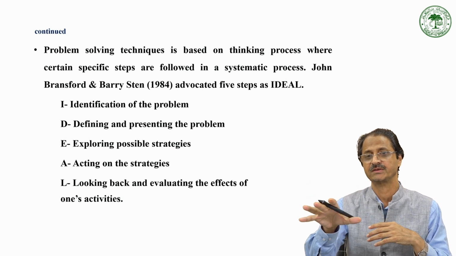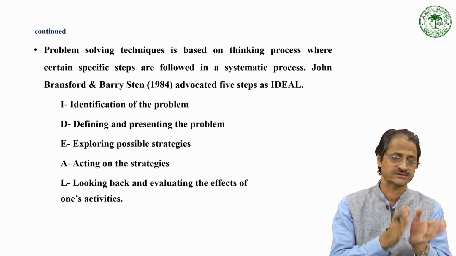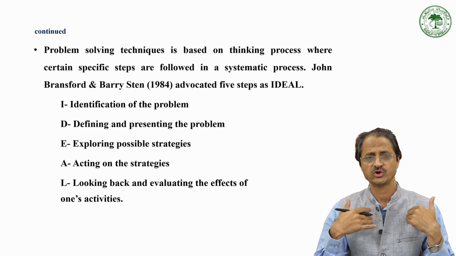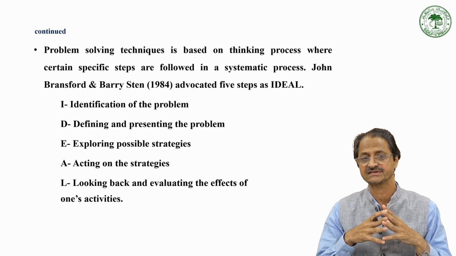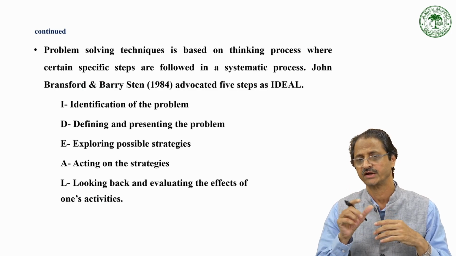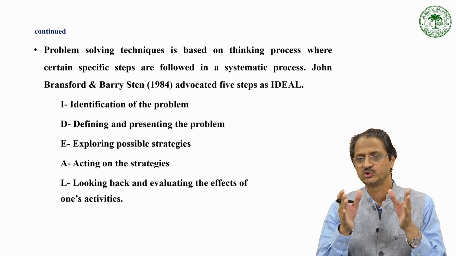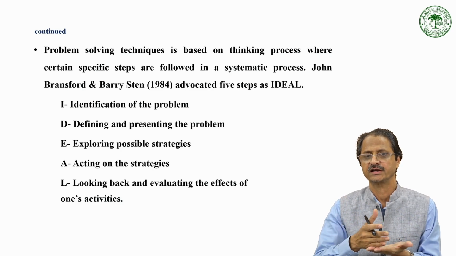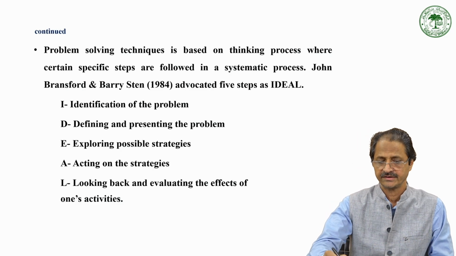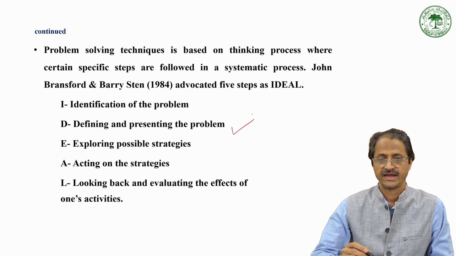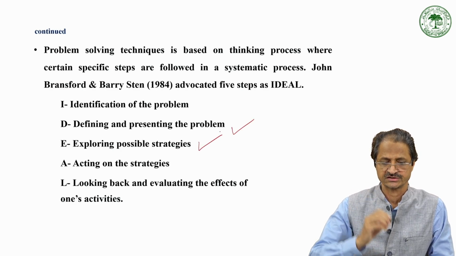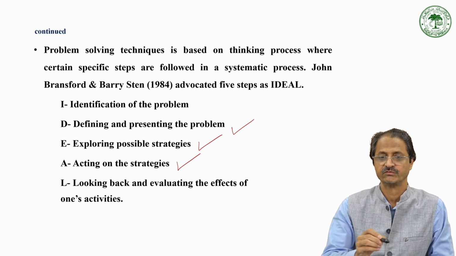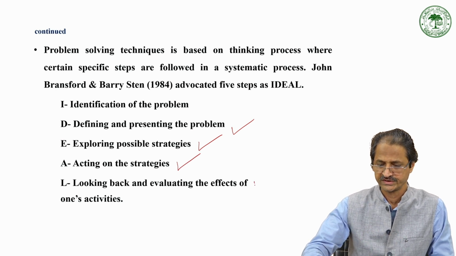Here intellectual ability is involved, where certain specific aspects are followed in a systematic process. John Bransford and Barry Stein in 1984 advocated five steps. They used the word IDEAL for memorization: identification of the problem and defining the problem, exploring possible strategies, acting on strategies, and looking back and evaluating the effects of one's activities.